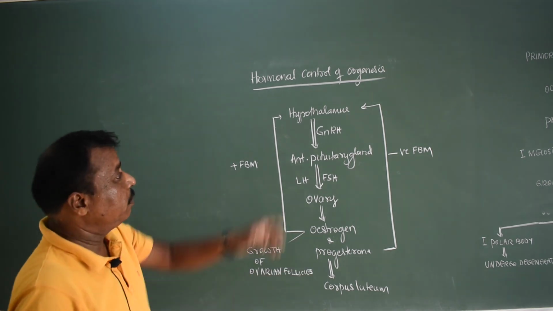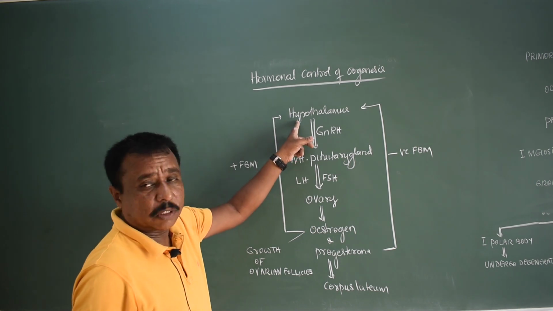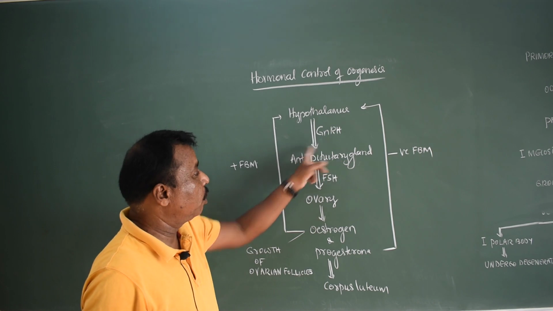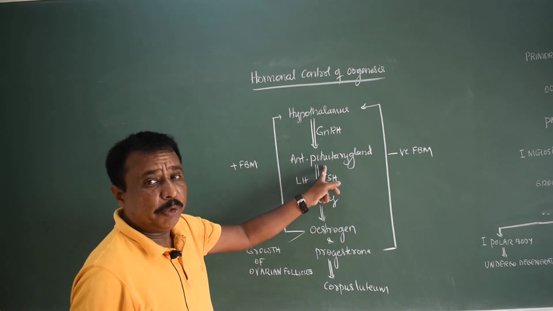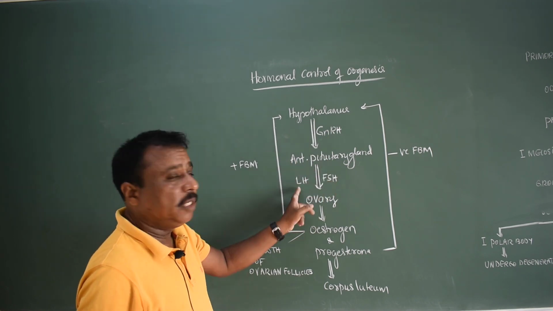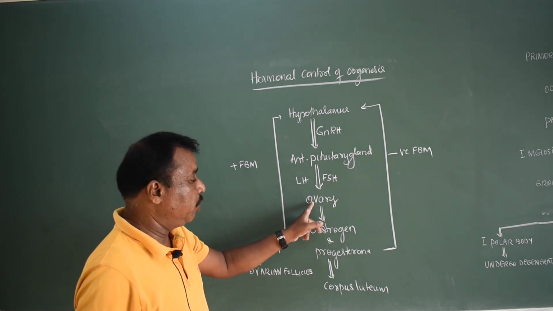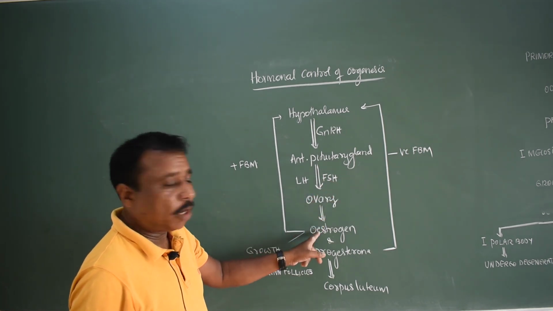Okay, first the hypothalamus, the master gland, releases GnRH, gonadotropin releasing hormone, which stimulates the anterior pituitary gland, a glandular part. It secretes two hormones, LH and FSH, which in turn stimulate the ovary, and the ovary releases two hormones.